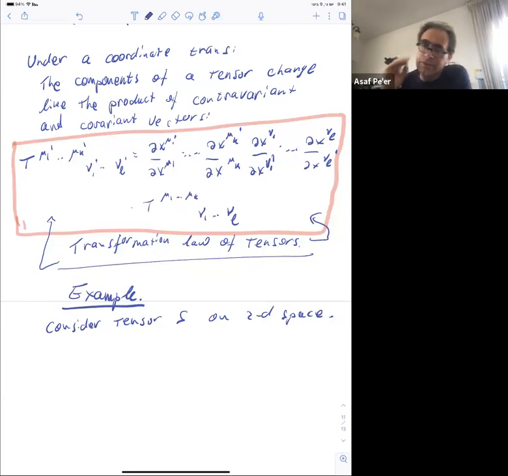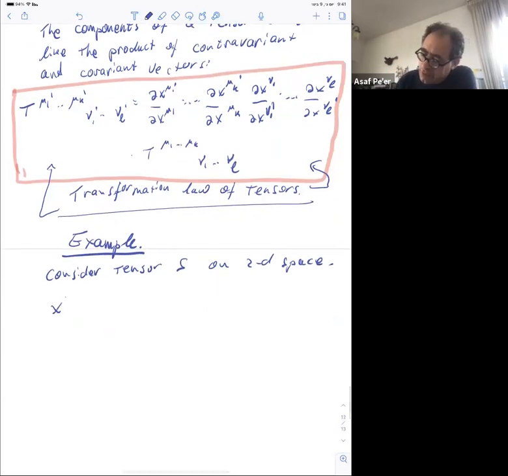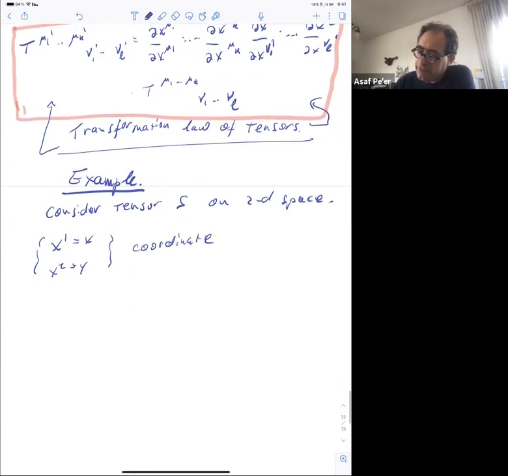Let's take the coordinate system to be x1 is x and x2 is y. This is the coordinate system. So let's say the components of the tensor are, as we knew, x, 0, 0, 1.